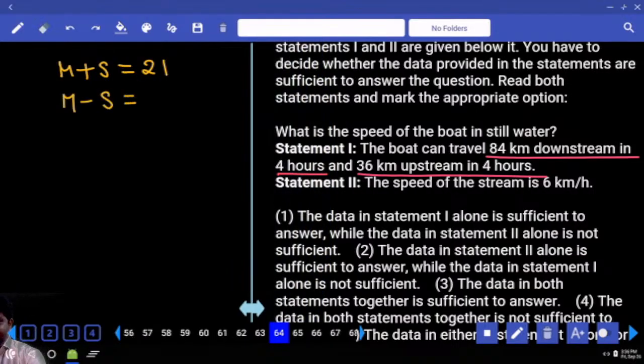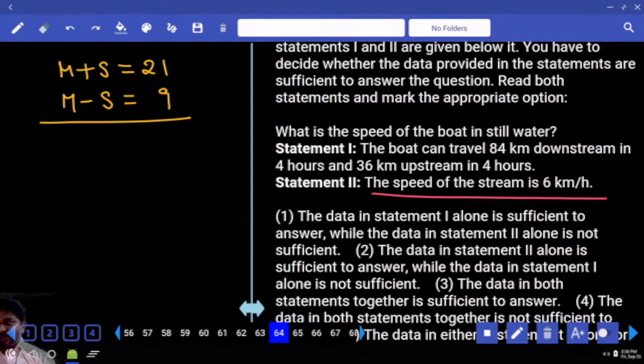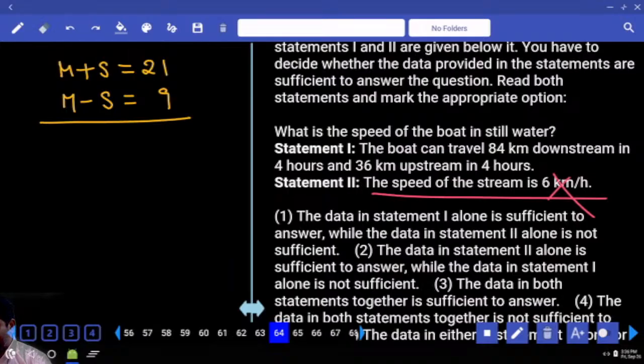Upstream speed is equal to 36 by 4, which is 9. When you know downstream speed and upstream speed, can we calculate man speed and stream speed? Yes. Can we answer the question? Yes. 1 alone is definitely sufficient. Speed of the stream is 6 km per hour. Is 2 alone sufficient to answer the question? No. That is not required also. Answer: 1 alone, but not 2 alone.